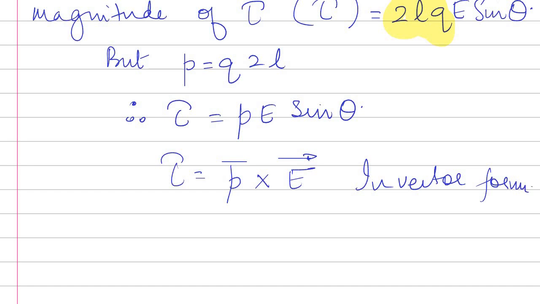If theta is equal to 90, then tau is equal to PE.